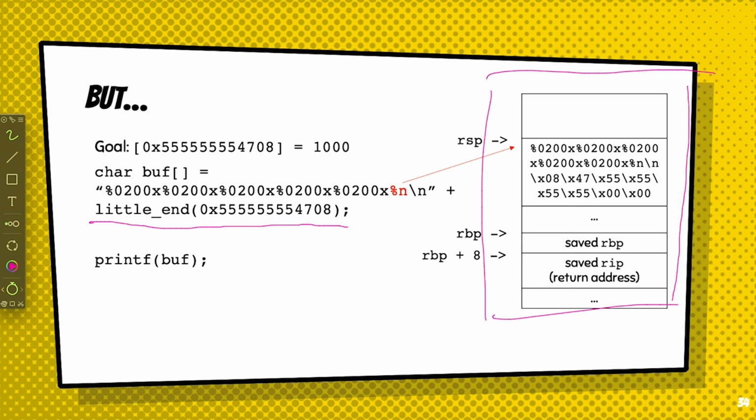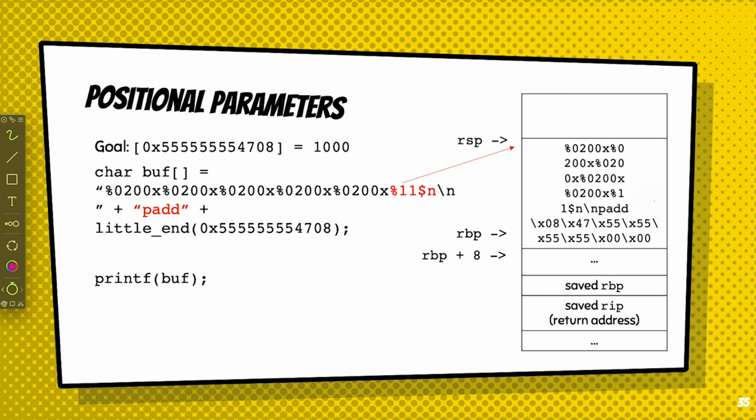If buff is at the end of the stack, then I just put the existing format string over here, and then calculate the number of bytes I already put, as well as the position of this pointer that I put over here. Let's sort it out and organize it. For each line, I'm going to put 8 bytes, because I want to make sure that the pointer I put at the end is aligned with 8 bytes.